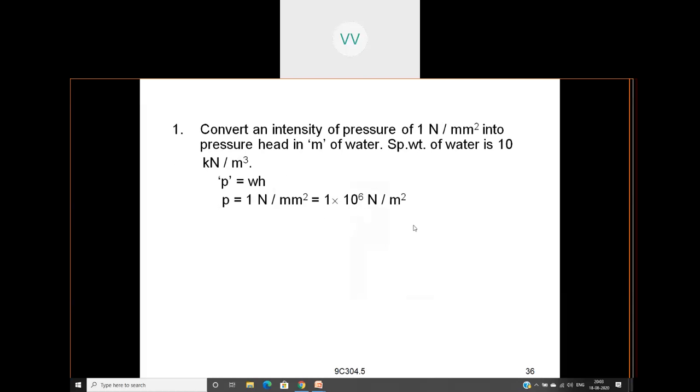6 newtons per meter square, because 1 mm is 1 by thousandth of a meter. So when you divide it with 1000 by 1000, that is 10 to the power of 3 into 10 to the power of 3.